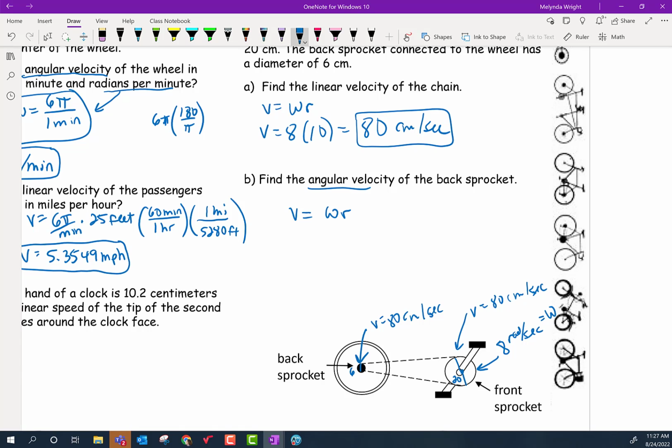We know linear is 80. We don't know omega, that's what we're supposed to find, but we do know the radius. The radius of the back sprocket is what? 3. So we would just divide, so it would be 80 thirds radians per second.